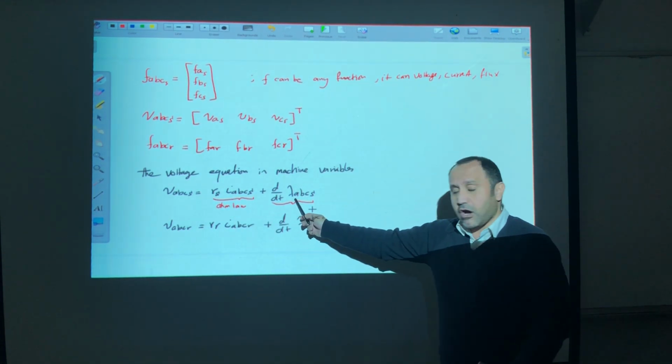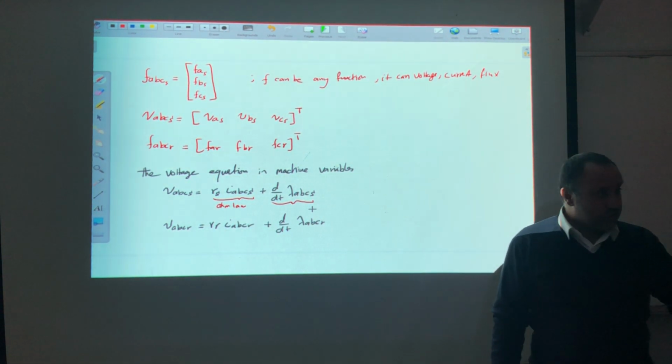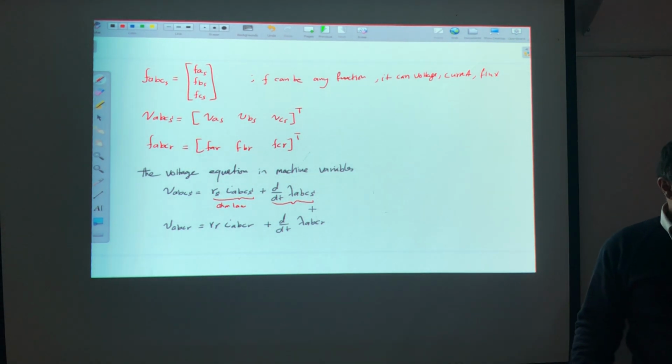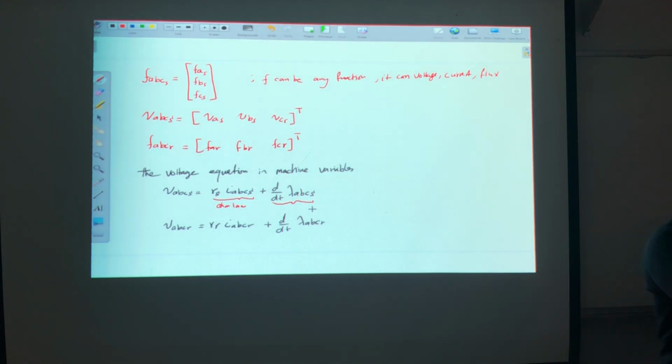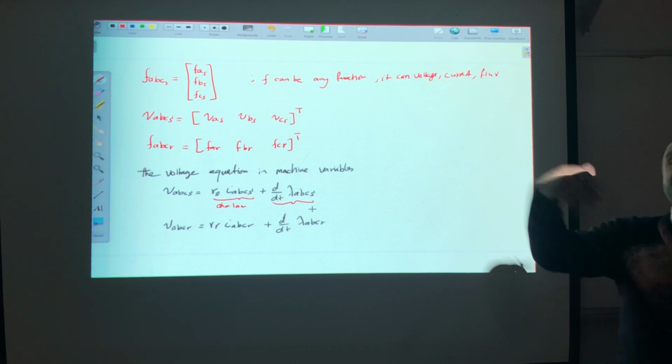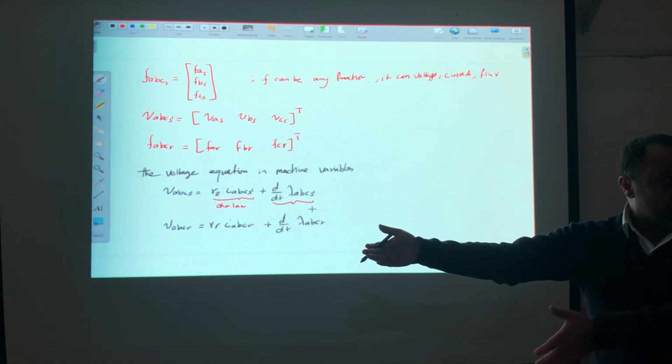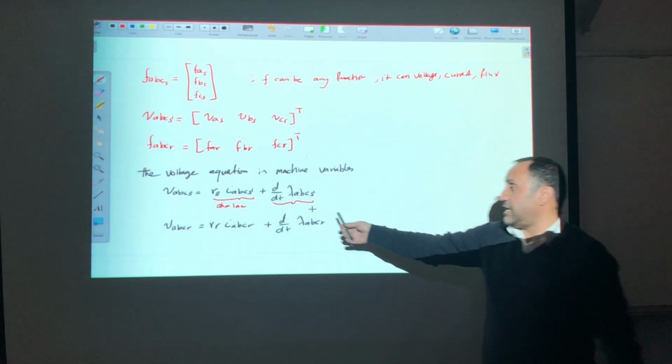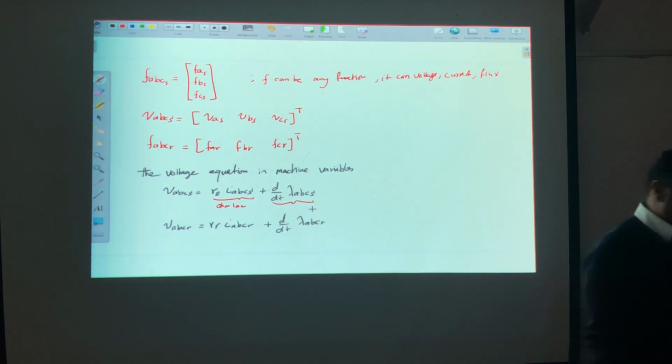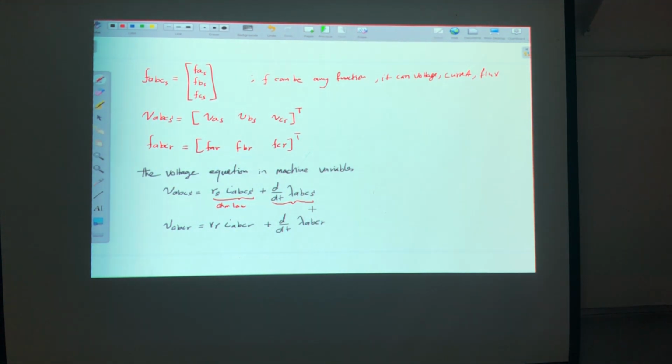And here I need to get the combination of the power, the rate of change in the field energy, and the power that is converted to mechanical energy. So this means that the secret will be here in the inductance of the machine. And this is the topic of this lecture, by the way: how to find the mathematical model of the machine.